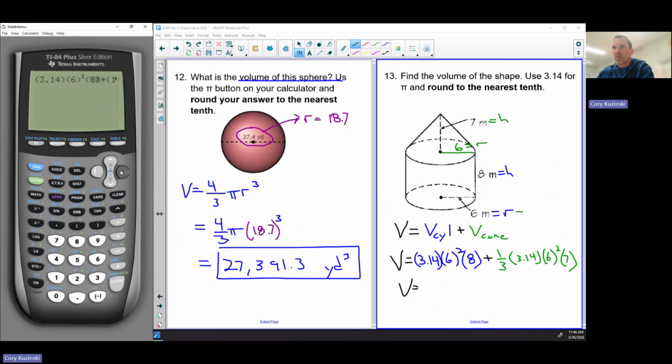And then we've got 1/3 pi, 6 squared, 7. That's 1/3 pi radius squared height. Enter, and that's the answer I got the first time I did this, and I showed a lot more work. But I think this is the cleanest way to go. If we can just lay everything out and put it into the calculator, we're done. And I'm done. That's it.